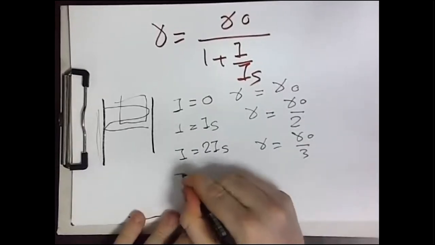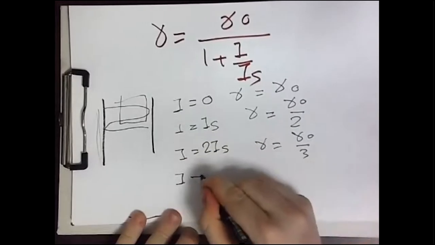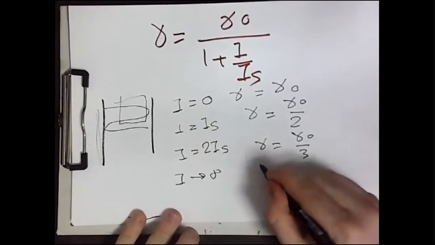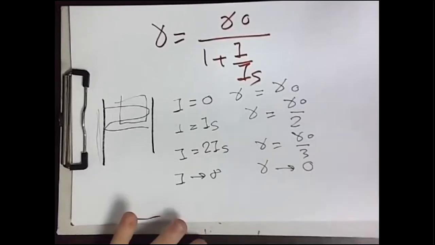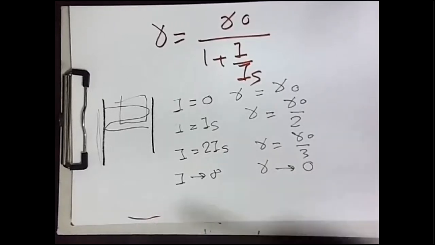When the intensity reaches the maximum, which is ideally infinity, the gain will reach the minimum, which is ideally 0. That's why we have what we call the saturated gain coefficient.